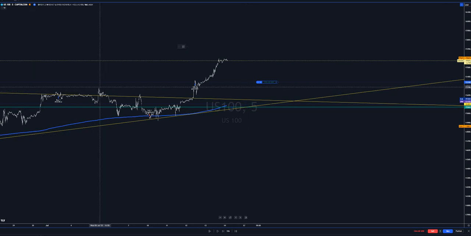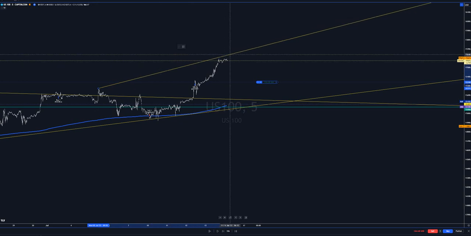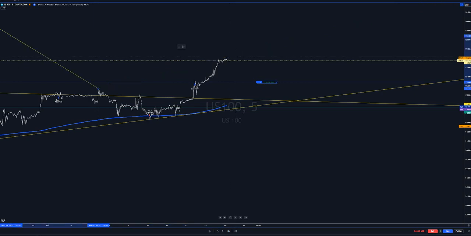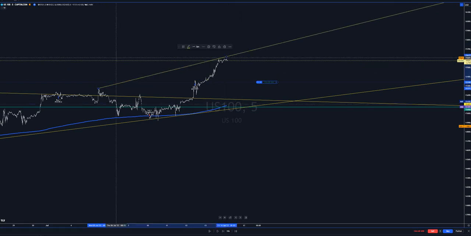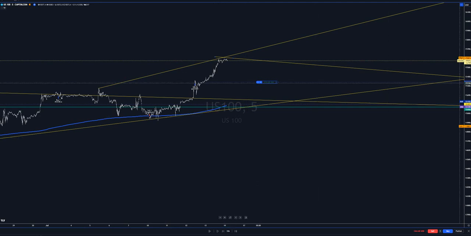The possibility is we, for example, use the trend line that's like this, or it means the price has to be higher than this period, breaking this trend line and also this trend line.